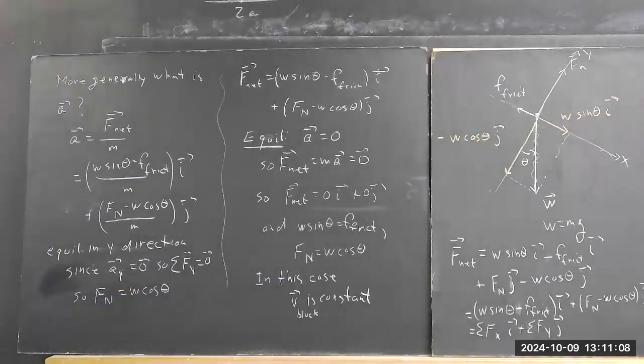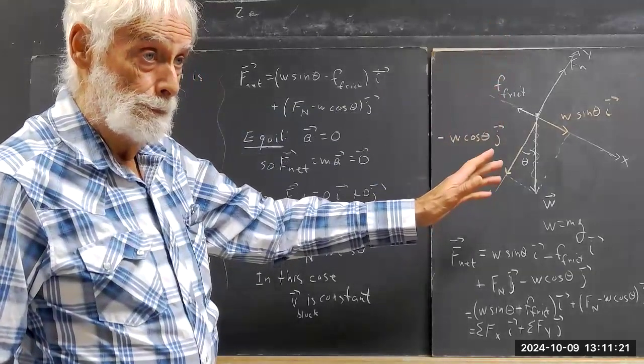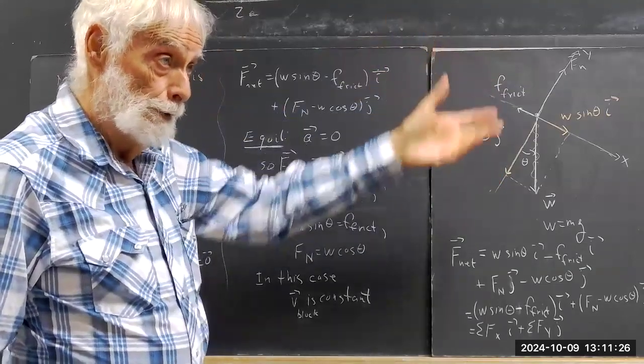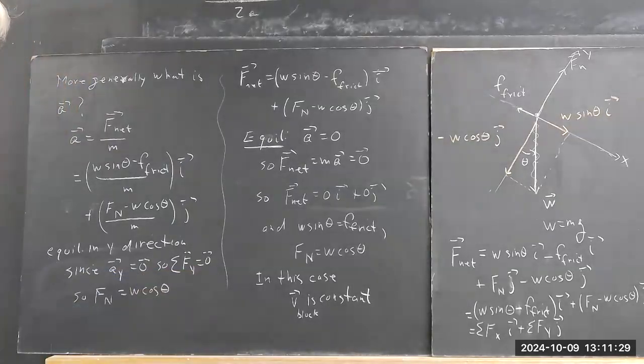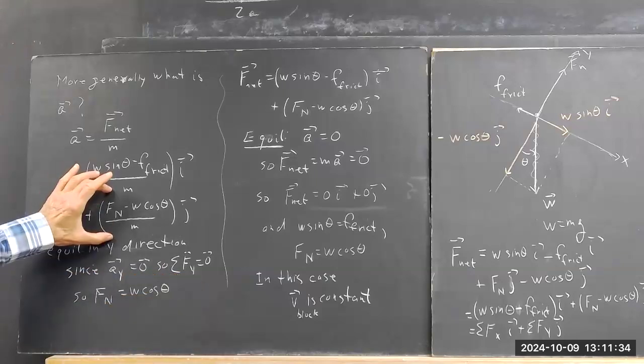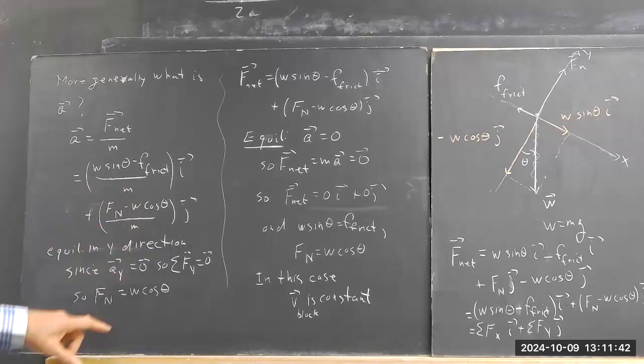The normal force is W cosine theta. That makes sense? You're not accelerating in the y direction. Okay. So the total net force in the y direction is 0. That means the sum of your y forces has to be 0. You're not accelerating. Y forces have to add up to 0, and here's your y force. Here's the sum of your y forces, right? And the other way this is going to be 0 is if Fn equals W cosine theta.